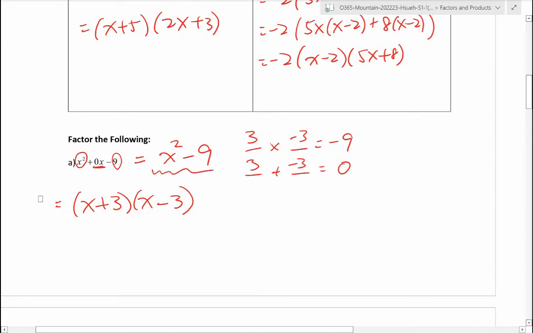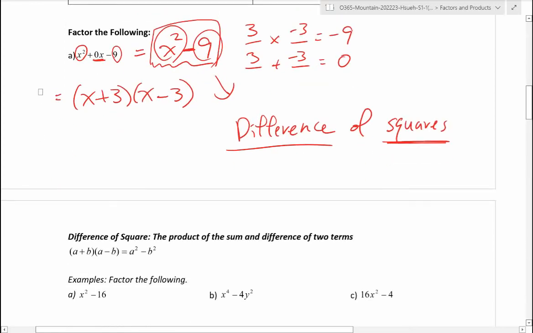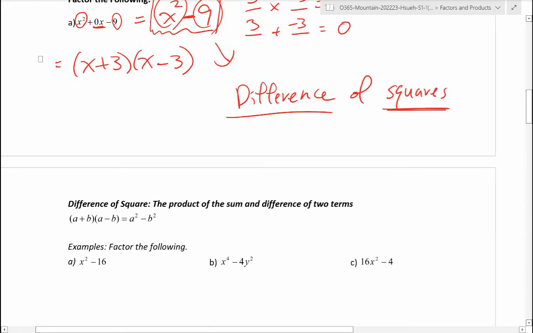So this x squared plus 0x minus 9, or simply x squared minus 9, is what we call the difference of squares. Okay, because difference meaning minus, right? There's a minus sign between two squares, the x squared and the 9, which is a 3 squared. Okay, so this is a special case. This is what we call the difference of squares.